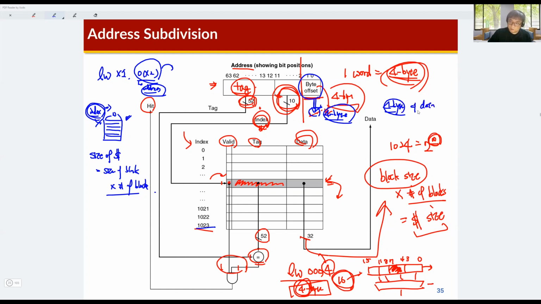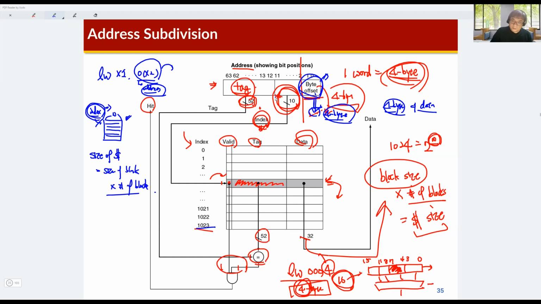You need to remember that in the modern processor, the address is a byte address. That means address number 1 occupies 1 byte of data. A single cache block includes 4 bytes, which is equivalent to 1 word. So these 2 bits are assigned to the byte offset, okay?